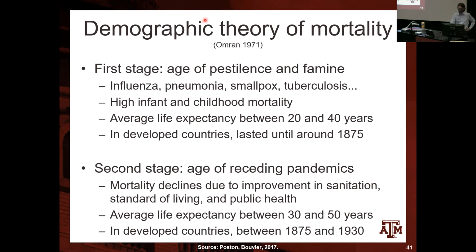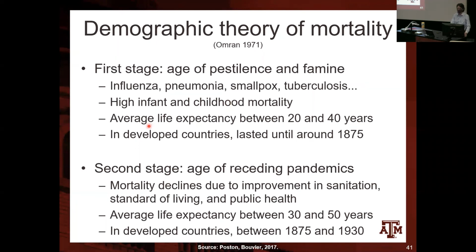And what he's emphasizing here is that the first stage is the stage of pestilence and famine. So a lot of people dying because of influenza, pneumonia, smallpox, tuberculosis, a lot of communicable and infectious diseases. Really high levels of infant mortality and childhood mortality. So mortality of children between the ages of 0 and 1 and below the age of 5 and 15 years of age.